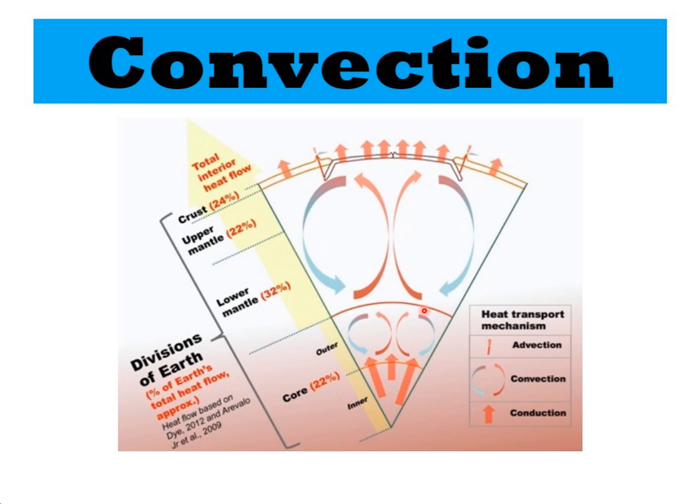Therefore, the hotter temperature in this area will still travel to the crust. And then the original temperature in the crust will travel downward because it is colder than the temperature that comes from the mantle. So this is how convection works.